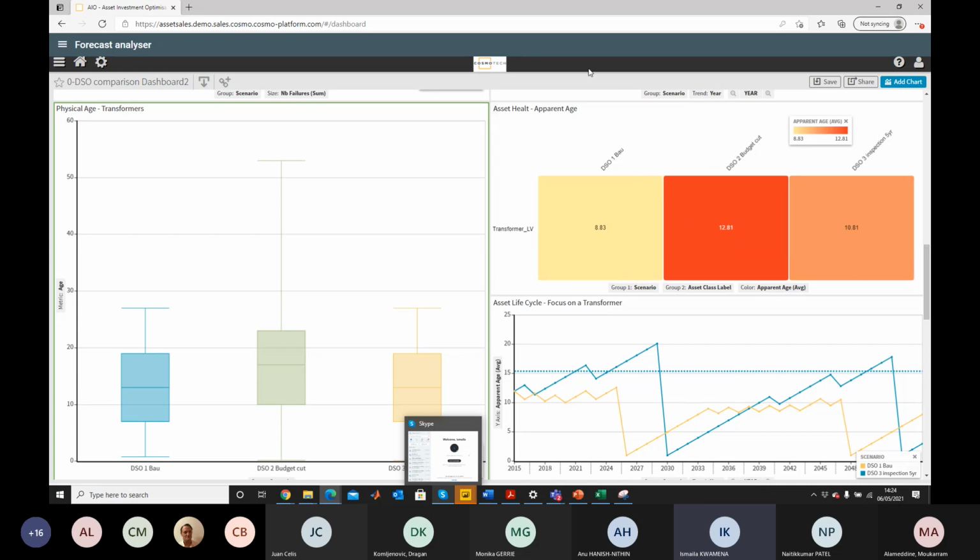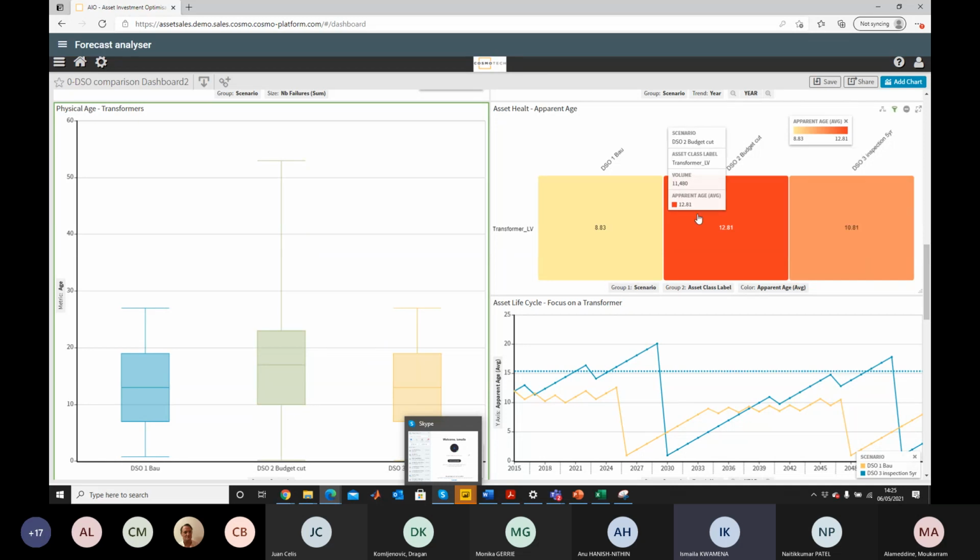So this same analogy is applicable here, as we can see that in the scenario where we applied a 50% budget cut, the aging rate is much higher than the other scenarios, such as the business as usual, or the one where we reduce the inspection frequency.